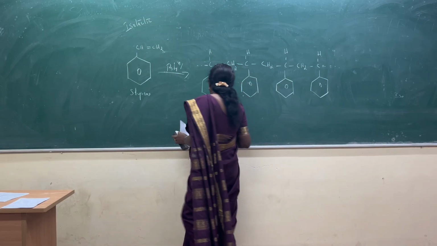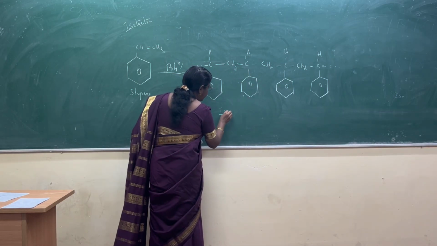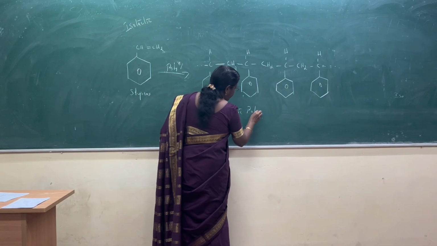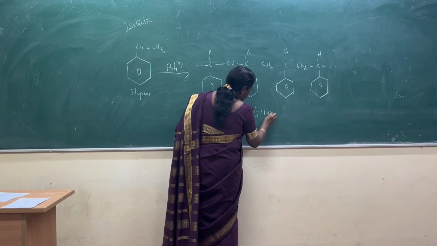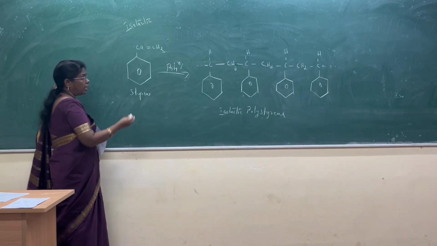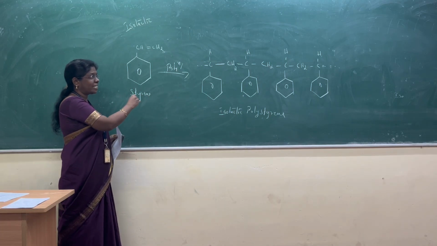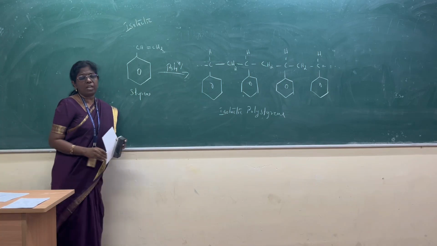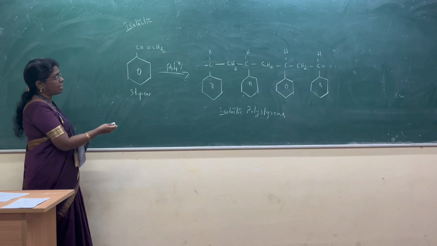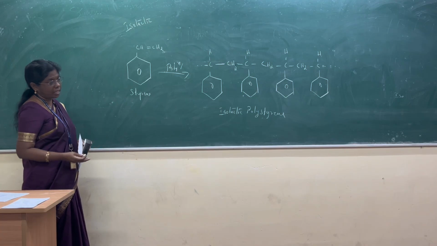This is called isotactic polystyrene. So what is isotactic polystyrene? The functional groups are arranged on the same side of the main chain. Example: styrene undergoes the polymerization, and we can get isotactic polystyrene.